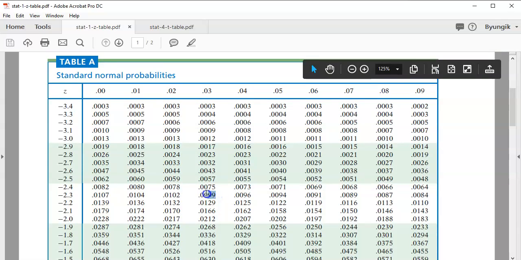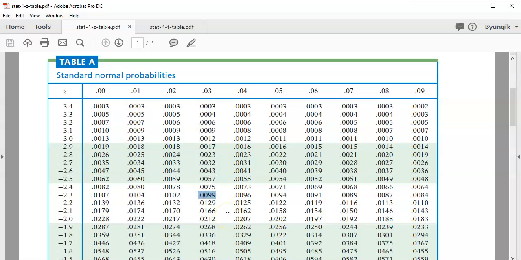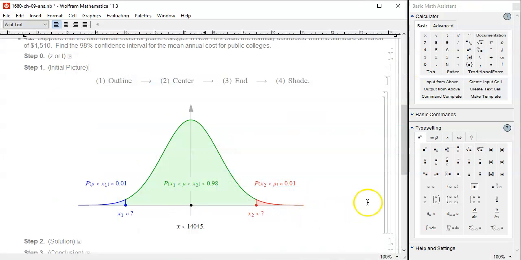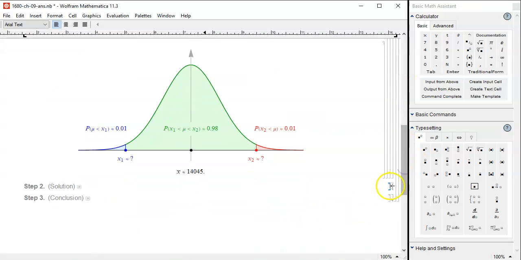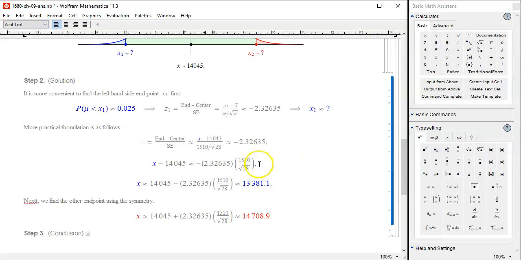Okay, here it is. Negative 2.33 or negative 2.32. So the real z-score must be somewhere in the middle, negative 2.325, and that's what it is.